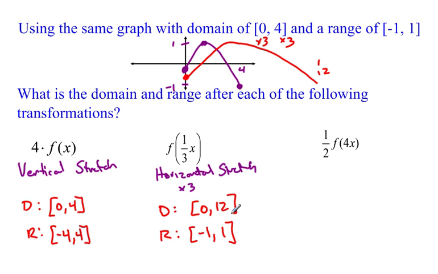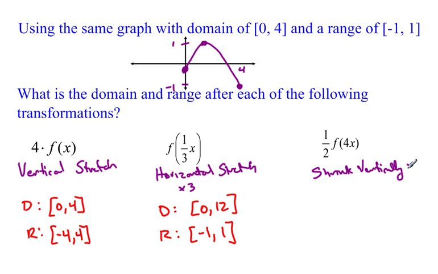All right, so our last one, and let's just erase some of the work here. Our last one is going to do 2 things to our graph. It is going to shrink vertically. So shrink vertically by 1/2.